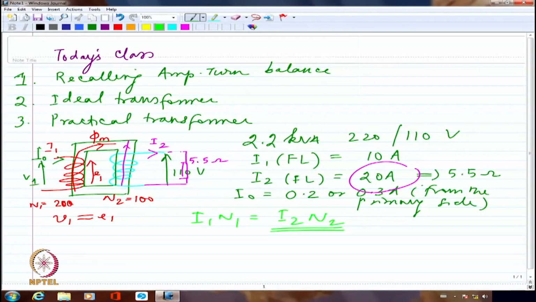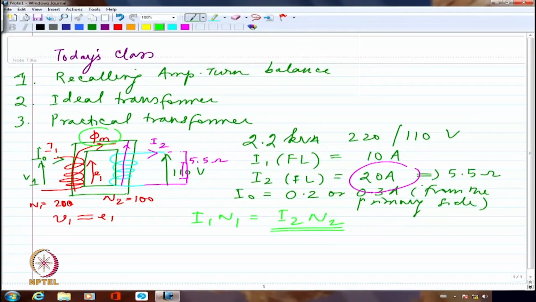So I1 N1 and I2 N2 are equal to each other but in opposite directions, because of which I am going to have only the original flux, which was phi m, that will prevail.